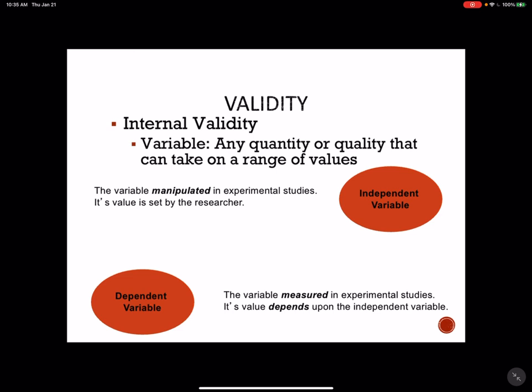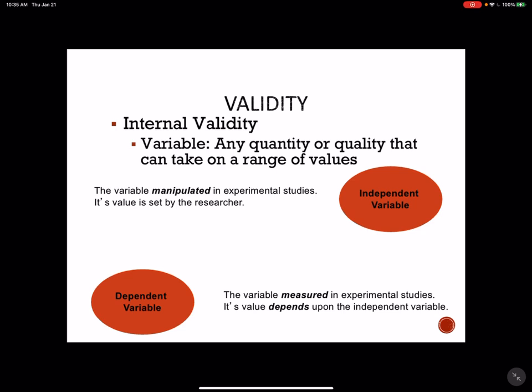The dependent variable is the variable that depends upon the independent variable. So the dependent variable was how cute Philip was in the pictures. Or in our case, it was our ratings of how cute Philip was in the pictures.